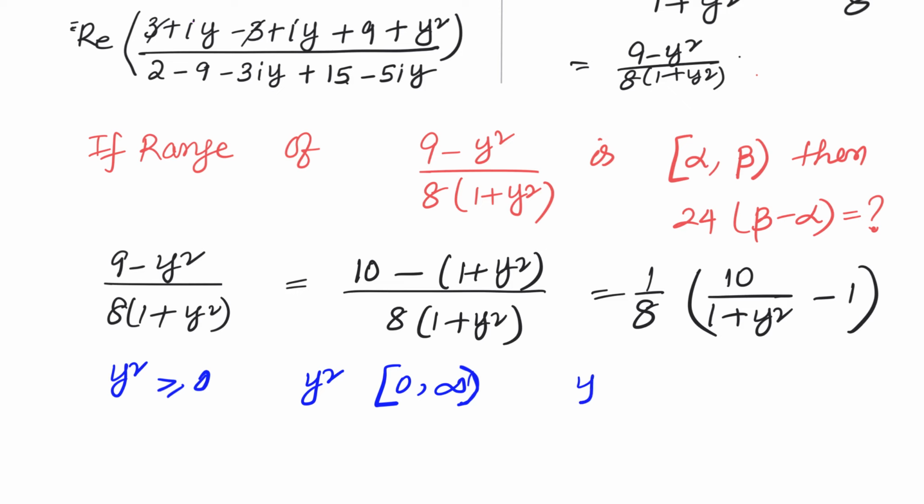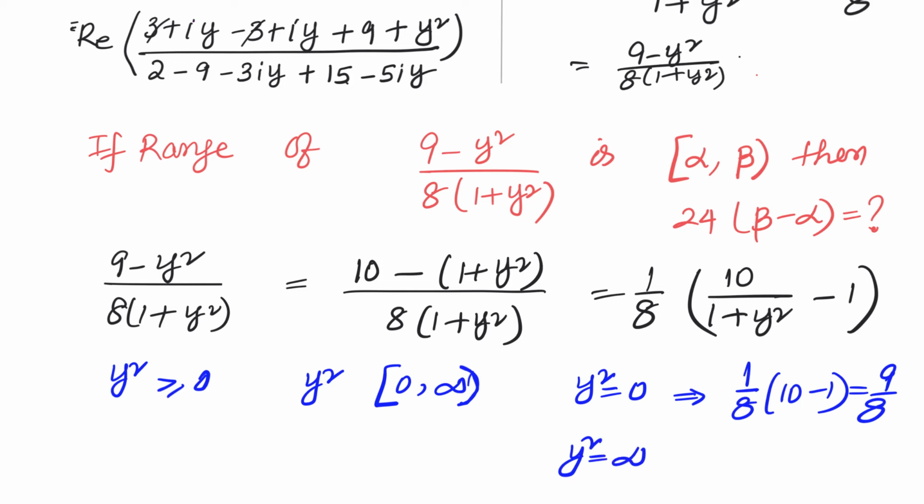When y square equals 0, our value will become 1 by 8 into (10 by 1 minus 1), which is equal to 9 by 8. If y square approaches infinity, then the first part will become 0, so 1 by 8 into (0 minus 1) is equal to minus 1 by 8. So alpha is minus 1 by 8 and beta equals 9 by 8.